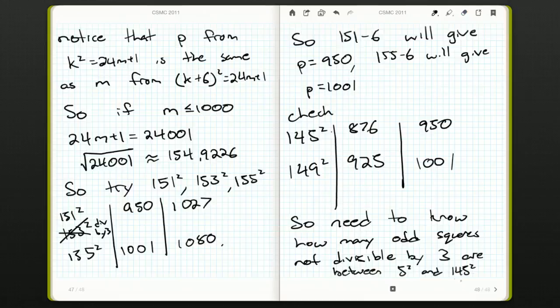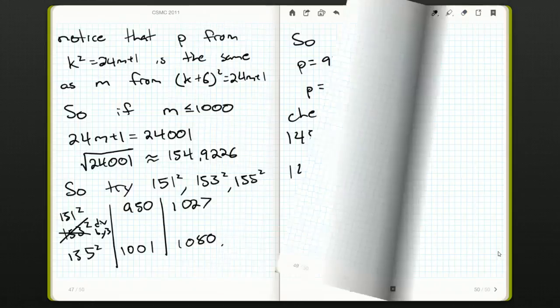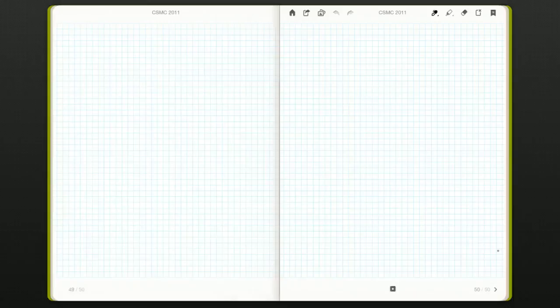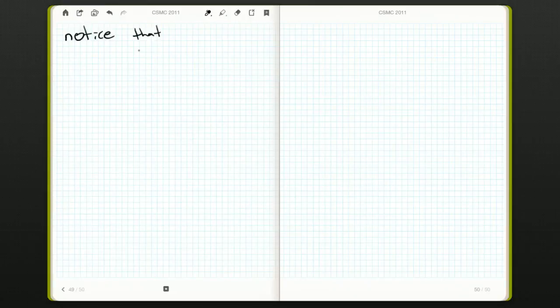5 squared up to 145 squared. If we can figure these out, then we should be home free. So what's the best way of doing this? 145 minus 5, that's going to be 140.